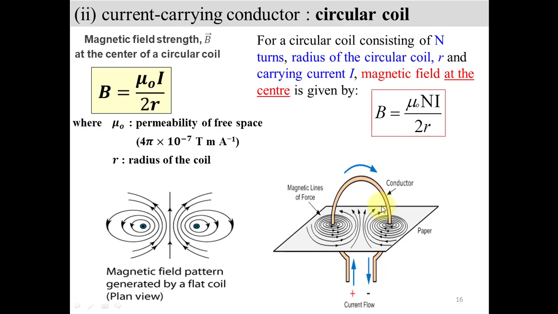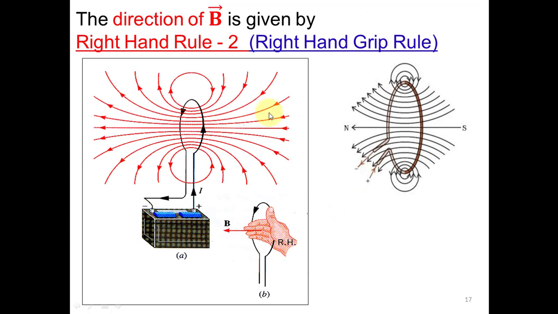Whereas for the right conductor, where the coil goes into the page, the magnetic field will be clockwise. The direction of the magnetic field for the coil can also be determined using the right hand grip rule.